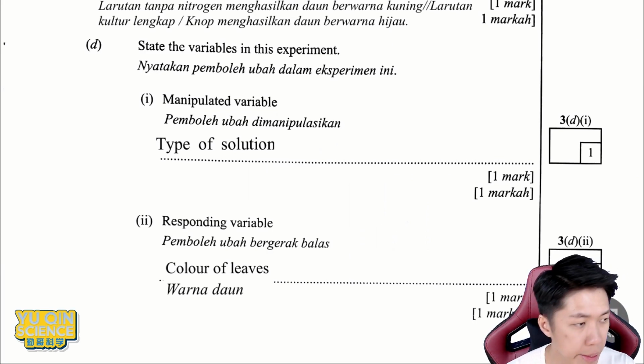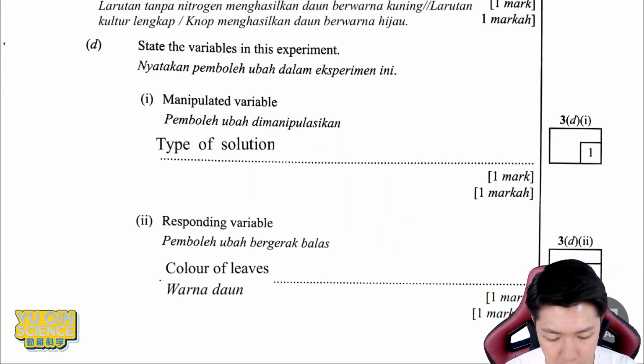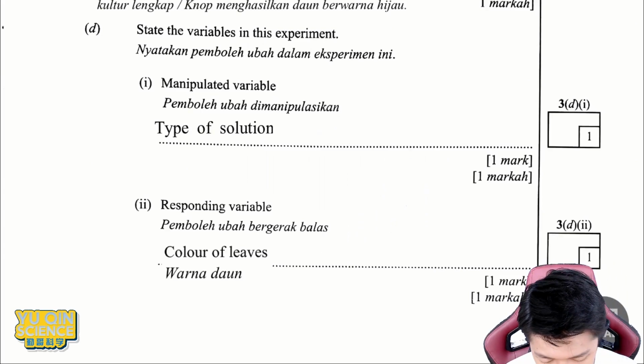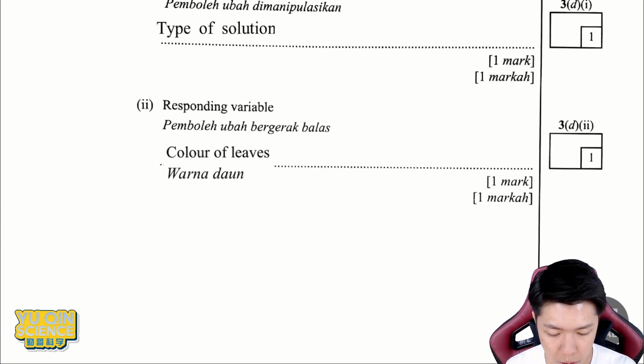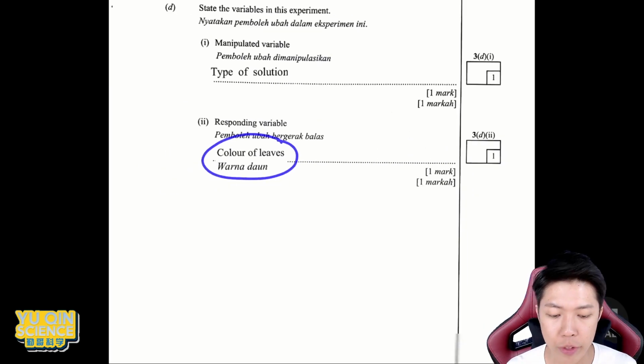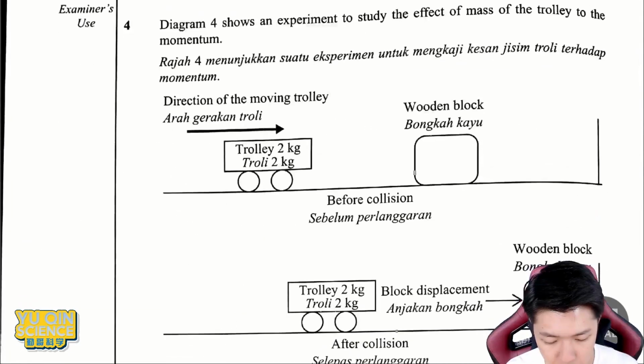Okay? But that's a longer one. I don't think you want that, or else can go ahead. The BM is missing anyway, so it will be your Jenis Larutan, which is type of solution that you have. Okay? So the responding variable will be the result, which is what color the leaf is, right? So there will be color of the leaf. Okay, easy. Jom. Next one.